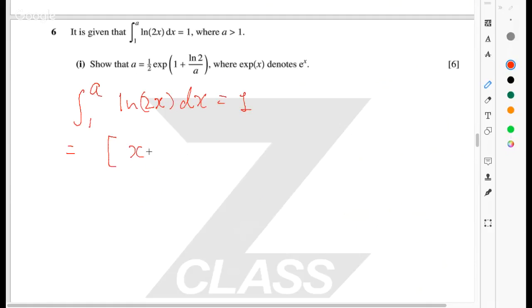So it becomes the expression evaluated at a and 1, minus the integration from 1 to a of x times 1 over 2x times 2.